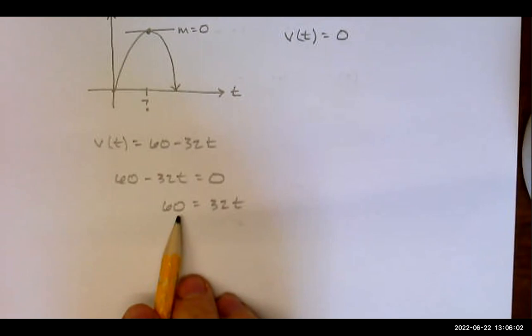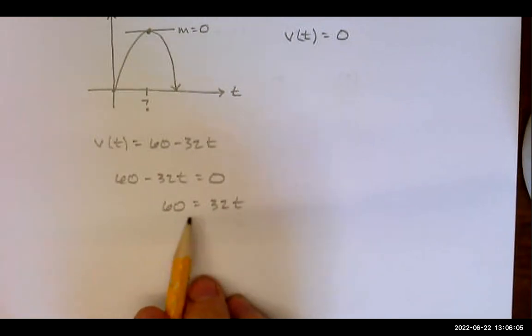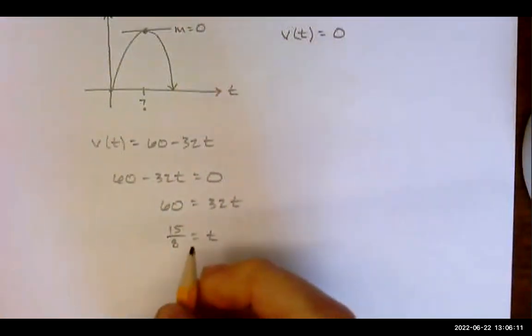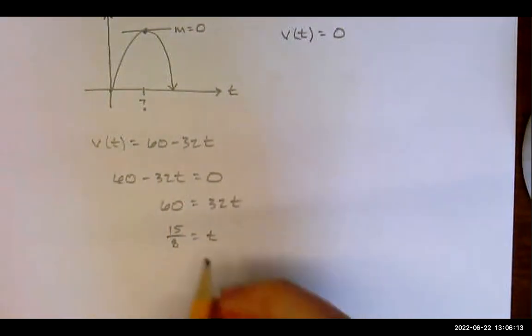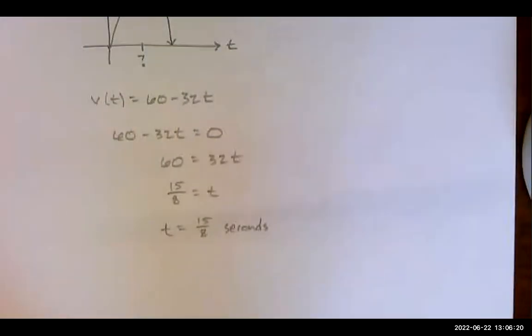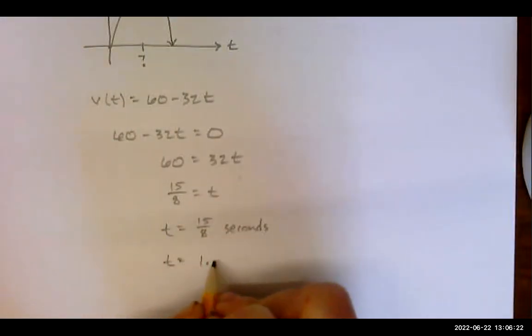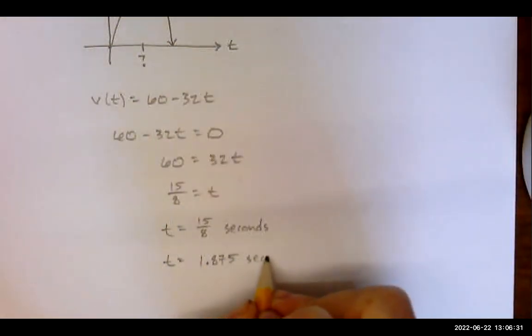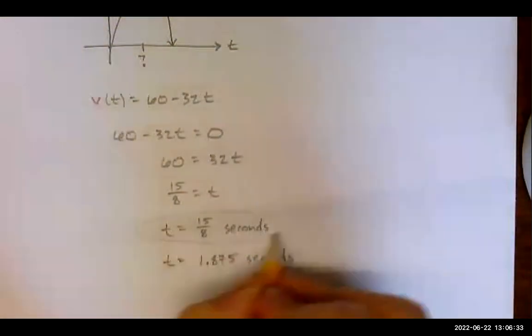I think we can divide them both by 4. 60 over 32 would be 15 over 8, or if you like the decimal, that works. 15/8 seconds, or if you prefer the decimal value, 1.875. 15/8, yeah, 1.875 seconds would work also.